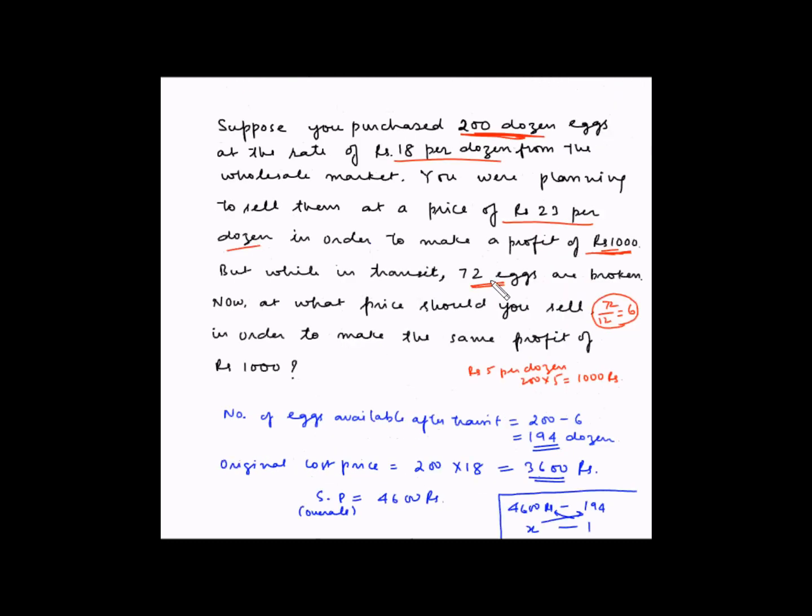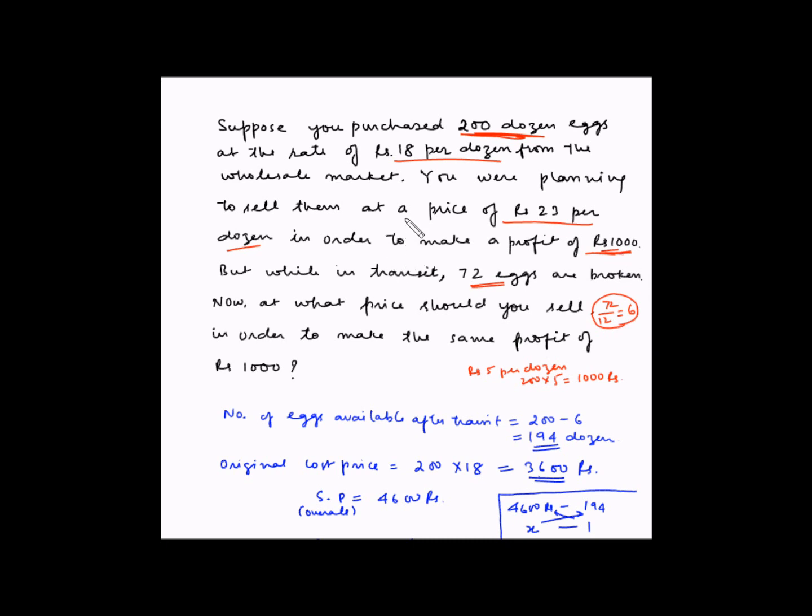Now let's see, the selling price that you were earlier planning to sell these eggs at was rupees 23 per dozen, but that was when you had more number of eggs, so you could afford a smaller margin to get the same amount of profit. However, now since your quantity has reduced to 194 dozen and you still want to continue with the same final overall profit, which is rupees 1000, you'll have to increase the selling price per dozen by some amount in order to get the same profit.